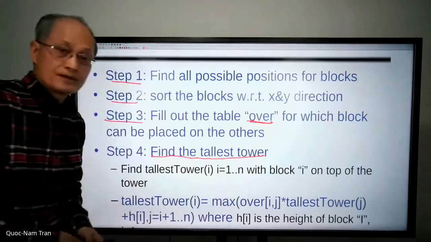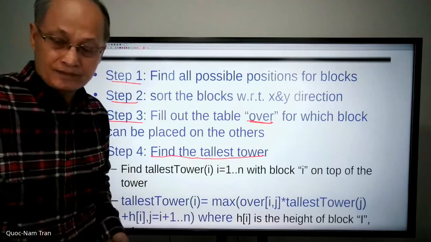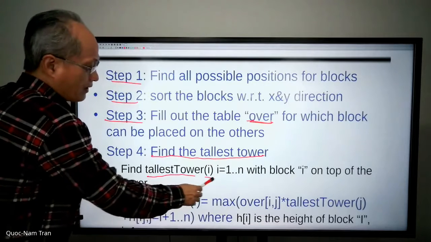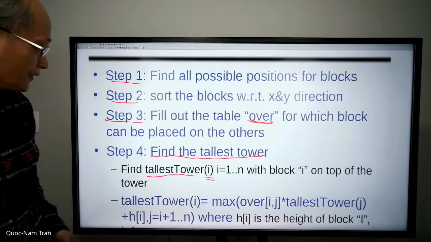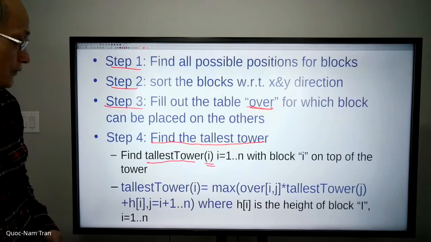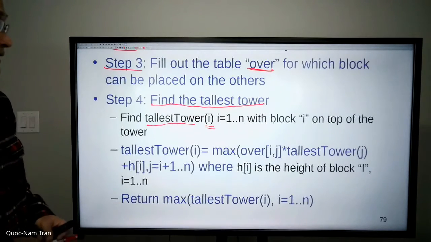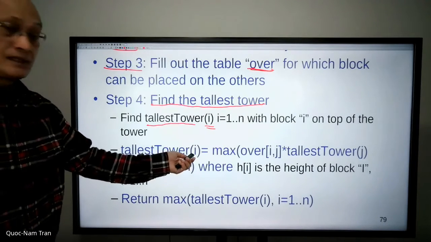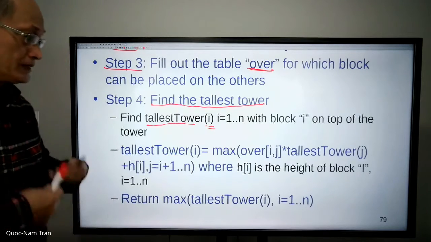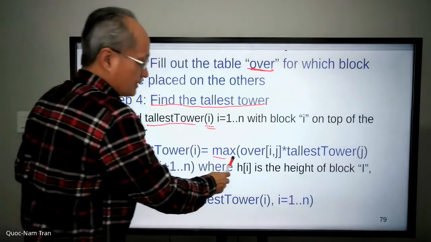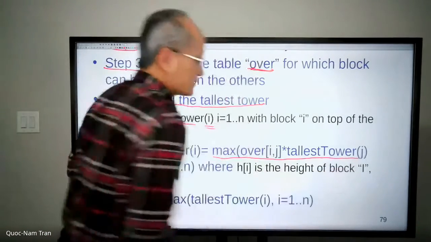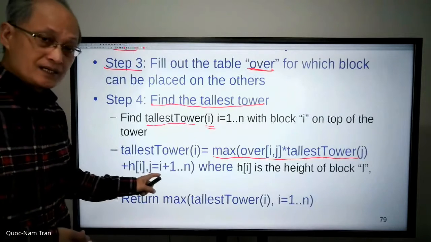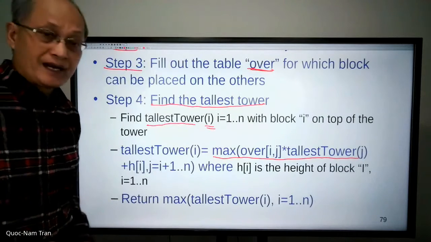We just have one recursive function I call tallest tower with block I, right? So now for tallest tower for the block I, we need to find out the max value of the tallest tower for block J, for J from I plus 1 to n.